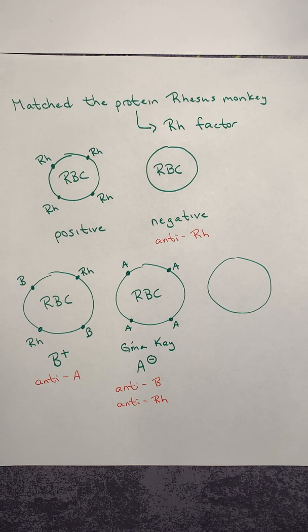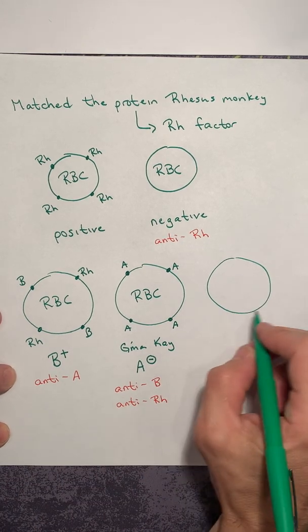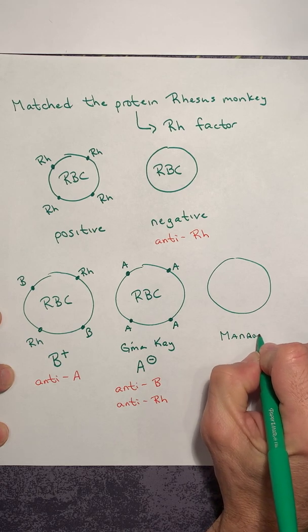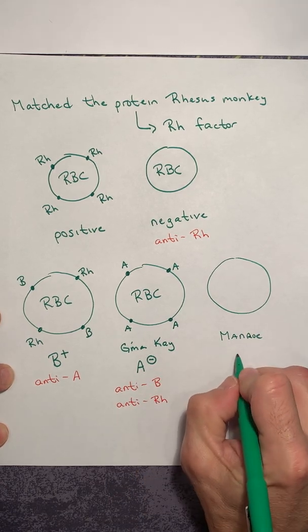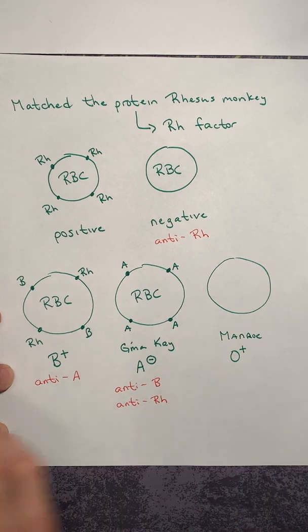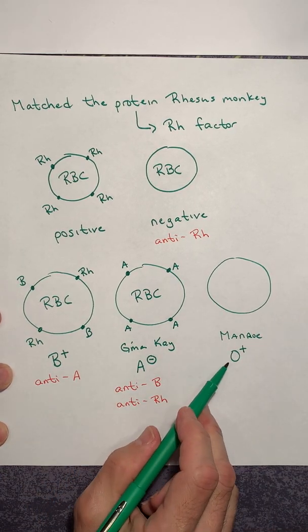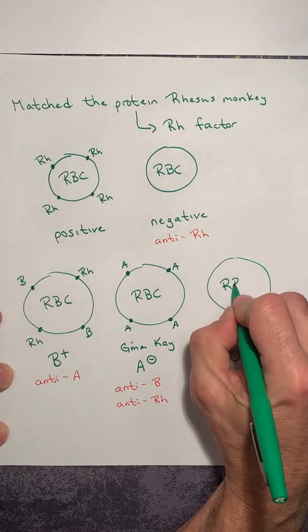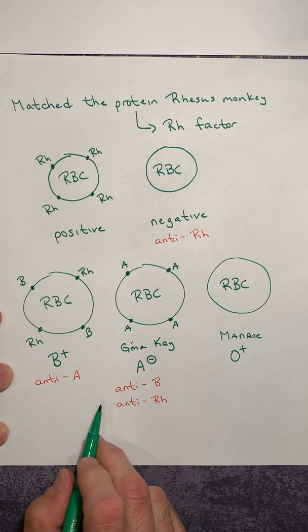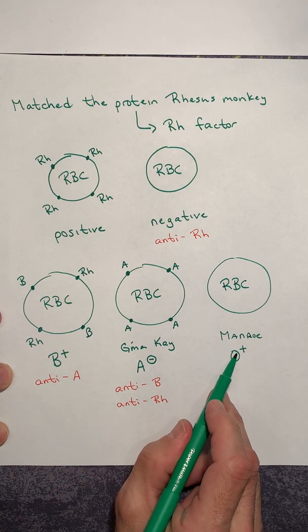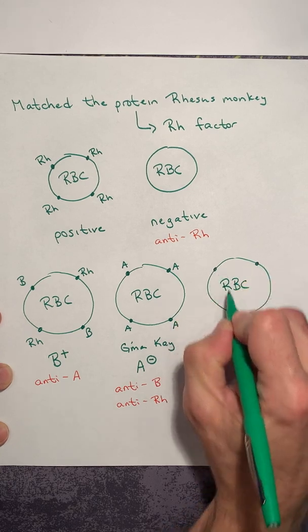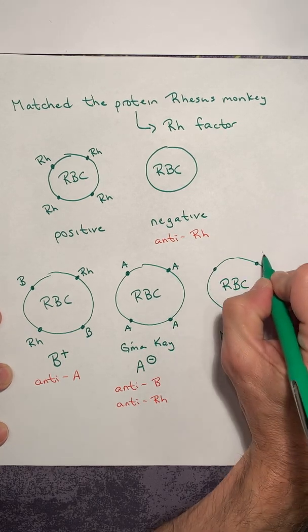All right, so let's take a look at her son, her second son. I can write my own name. I am O positive. So since I am O positive, O means I don't produce the A glycoprotein and I don't produce the B glycoprotein. But what does the positive mean? The positive means that I produce the Rh.